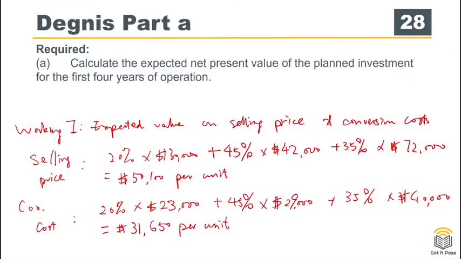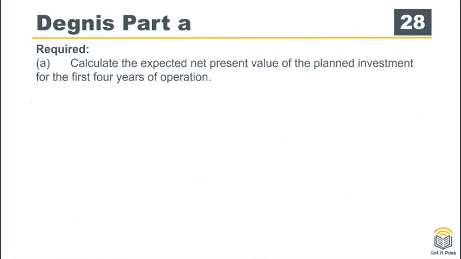So we move on to the second working, which is to get the revenue as well as the conversion cost and also the fixed cost. In the second working, we have to work on the revenue.